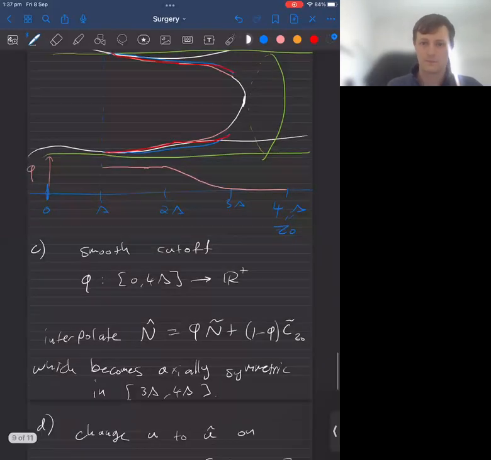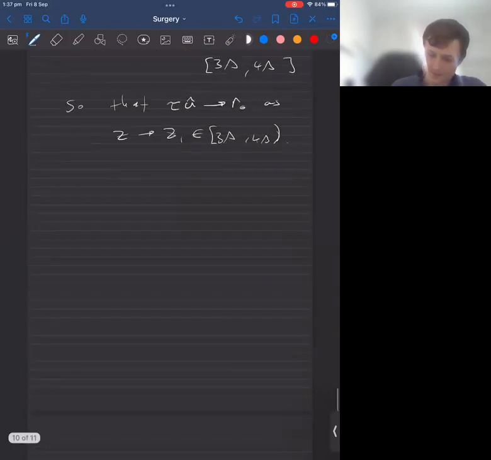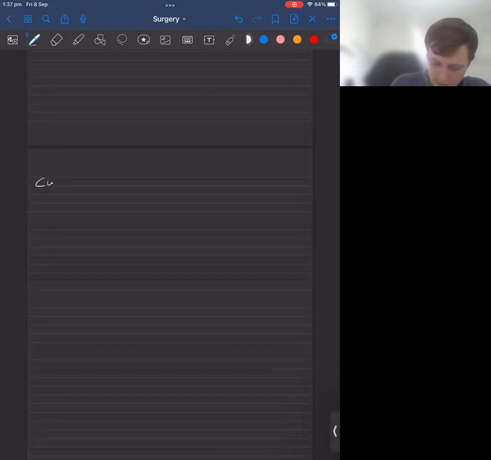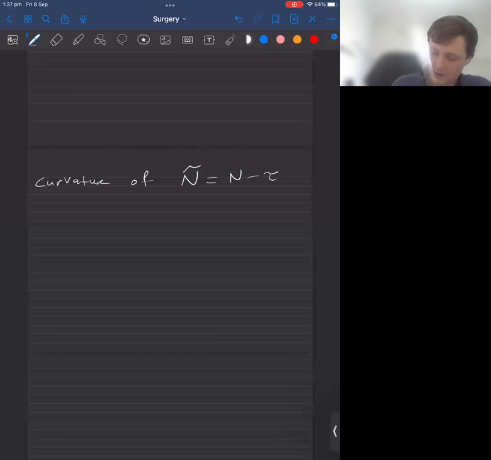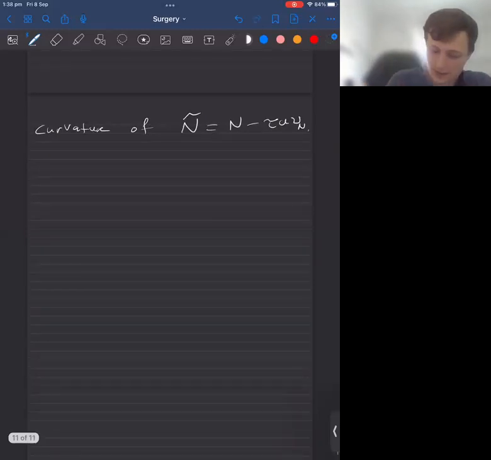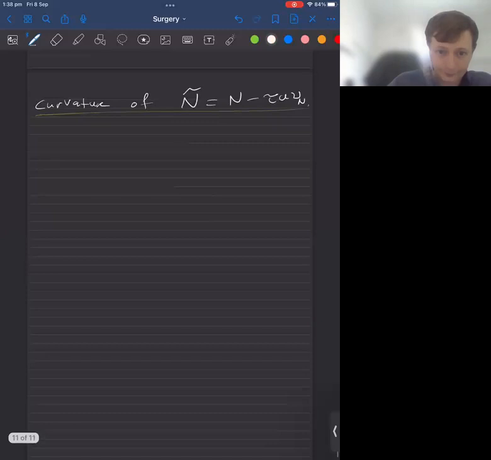So we want to do curvature of, say, this new parameterization, which is n minus tau u times the normal. This is a very hard part. Essentially, we want to estimate the eigenvalues of the second fundamental form.